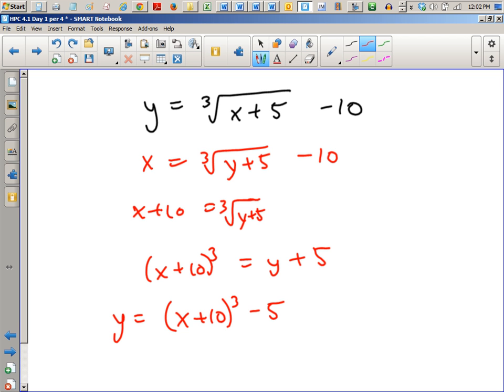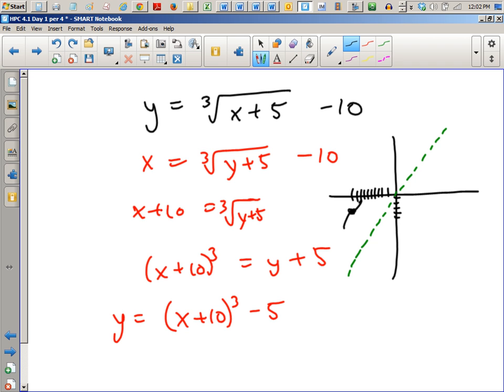Take a cubic and shift it to the left 10 and down 5. Okay, so if you can graph that, you can graph the one I have in black at the top. You'll just have to reflect it over the y equals x line. So you could just basically graph this, left 10, down 5, and it's a cubic. And then, here's your line of symmetry.